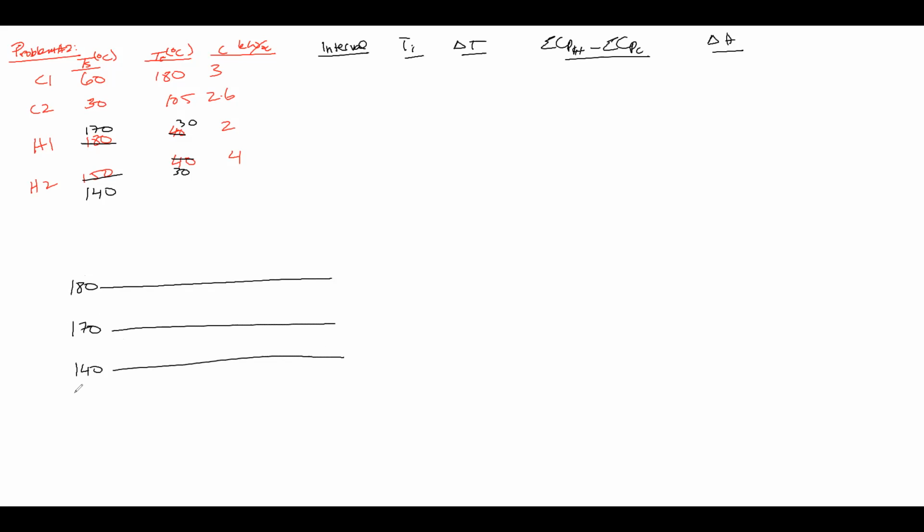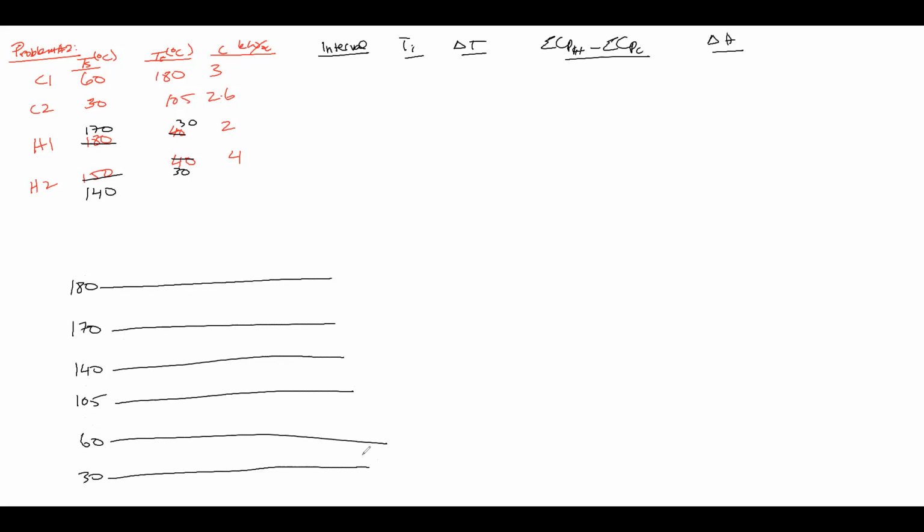Next number is 105, the next one is 60, right? And then I have 30. Okay, so these are the temperatures arranged. So how many intervals do I have? I have 1, 2, 3, 4, 5. I have 5 intervals in this problem.